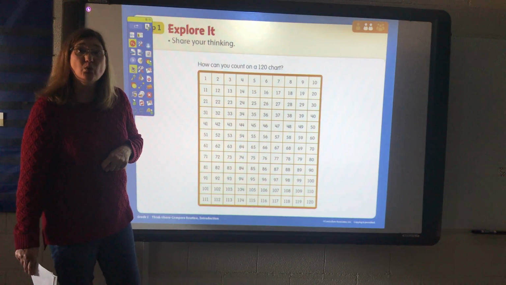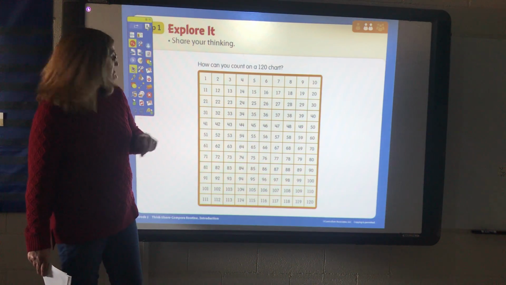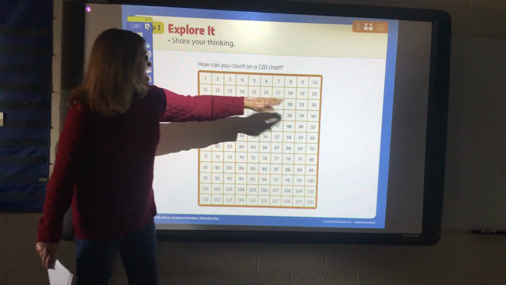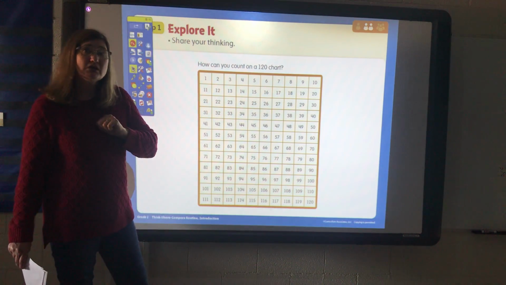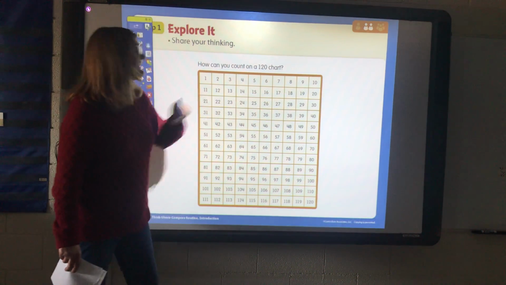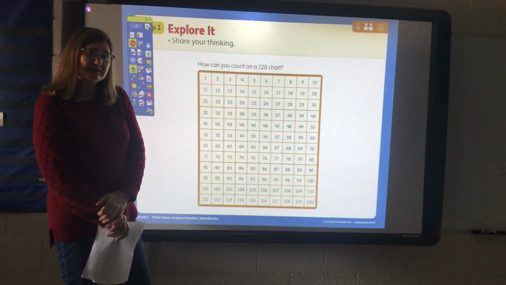Those are called our ones. And if you will notice, our ones do not change on each one. Our ones, there is our pattern. Each time we go to a new row, we go up a 10, don't we? And we can use that pattern to help us in our counting.